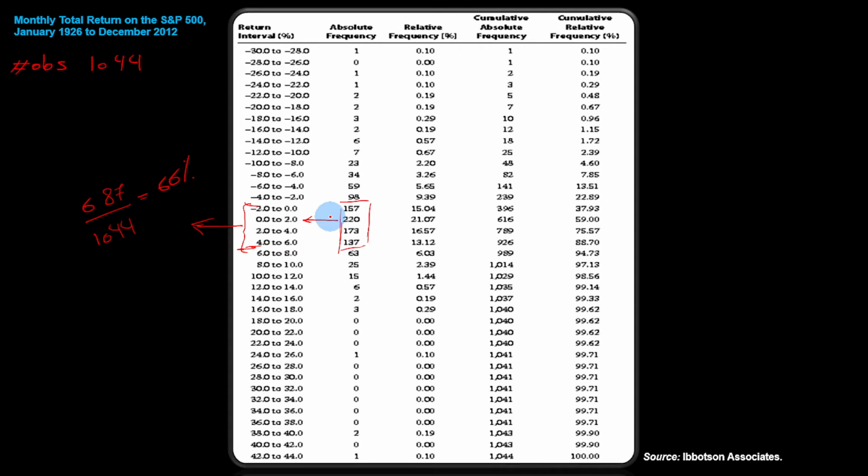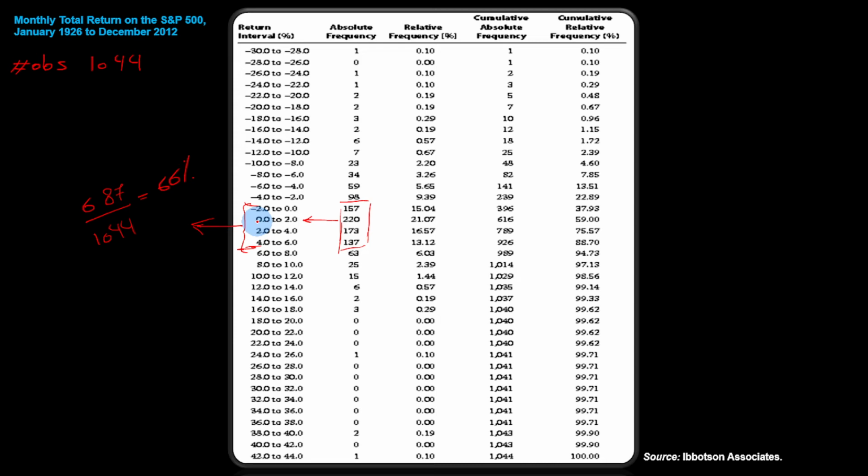All right, great. What else can we see? Here, I think it's a good place to mention that, as you can see, we have intervals that end with 0% and begin with 0%, right? It's always a good idea, if you can, when you're constructing your frequency distribution, to include those 0% boundaries. So that it will be easy to find out how many negative returns you have and how many positive returns you have.